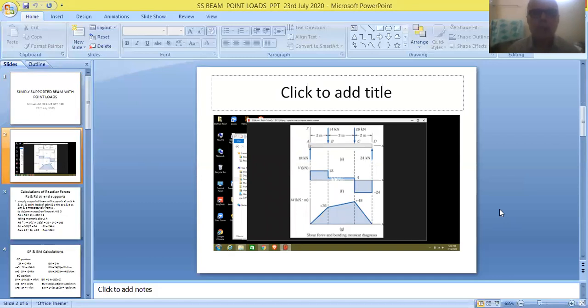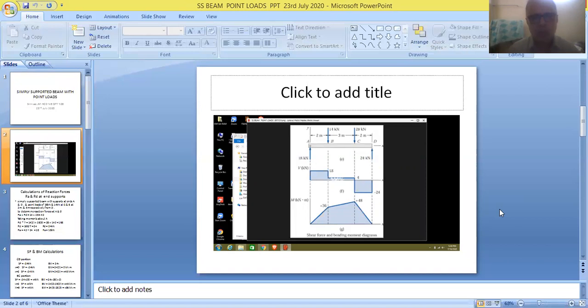So now we have to do a problem. Let us do a problem on a simply supported beam. This arrangement of the beam is shown in the first figure. And in any case, while solving any problem, we have to prepare shear force and bending moment equations.